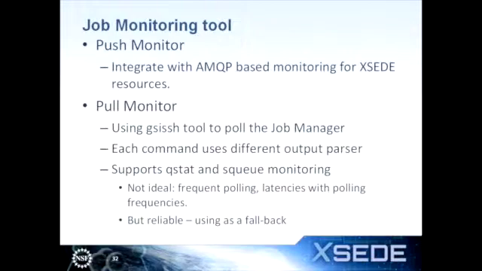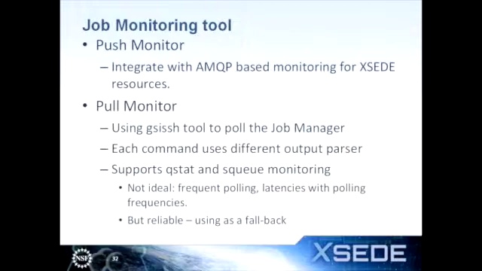The other approach we had was pull monitoring, where I communicate with the resource and continuously poll for my status by giving the job ID. There are multiple ways that we can do this. We can poll the status based on the user to minimize the load on the head node.